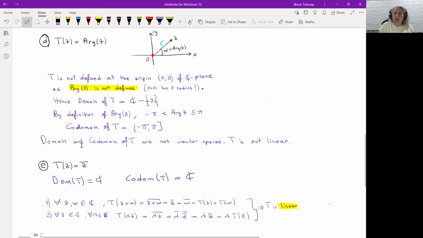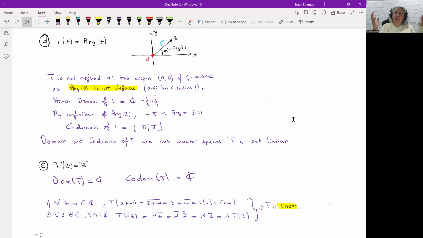So the codomains are not vector spaces, so there is no discussion about T being linear in this condition, because we don't have vector spaces. The first condition for your transformation to be linear is that we are talking about maps between vector spaces such that linearity is preserved by that map.